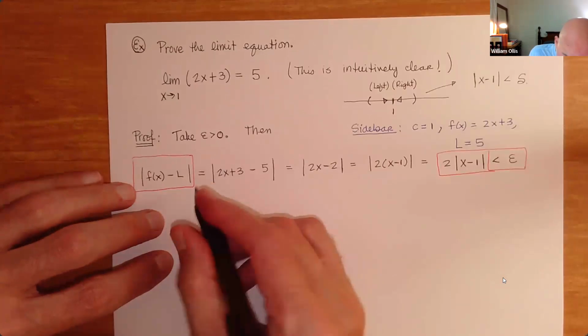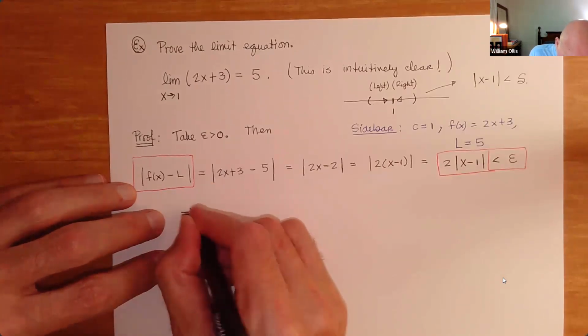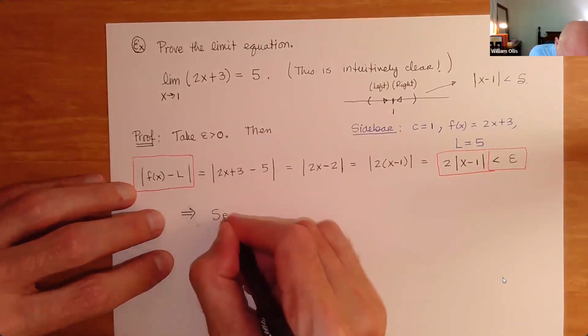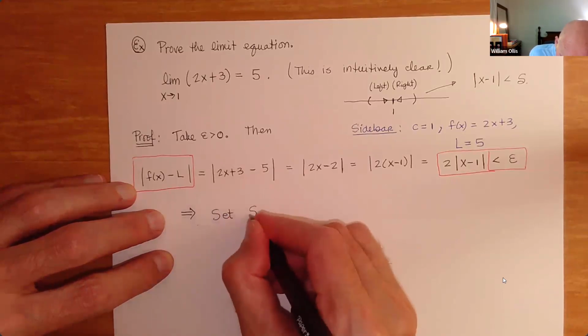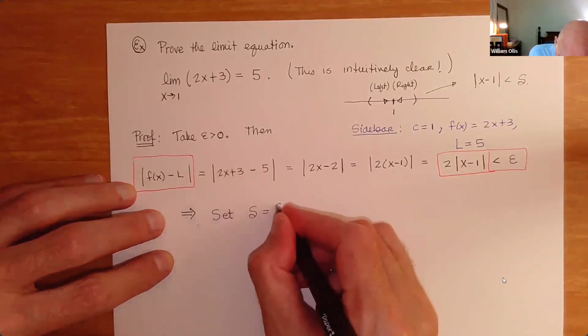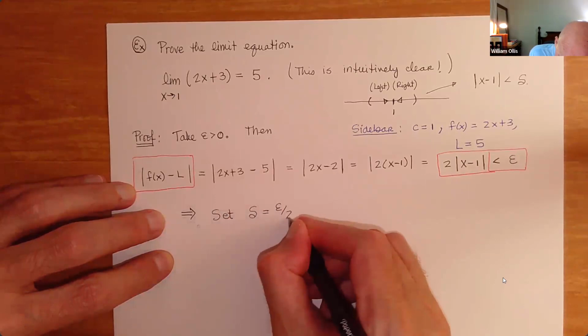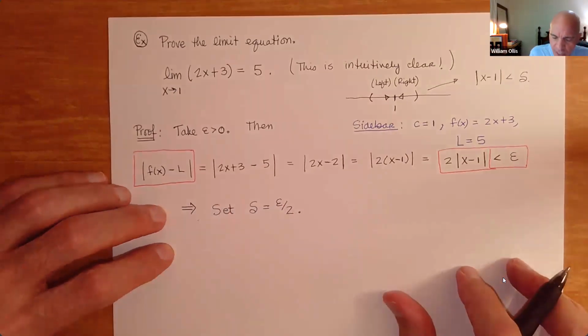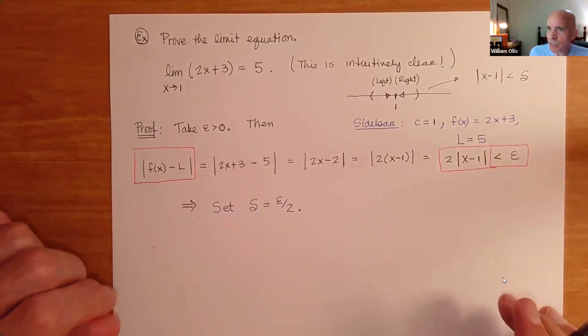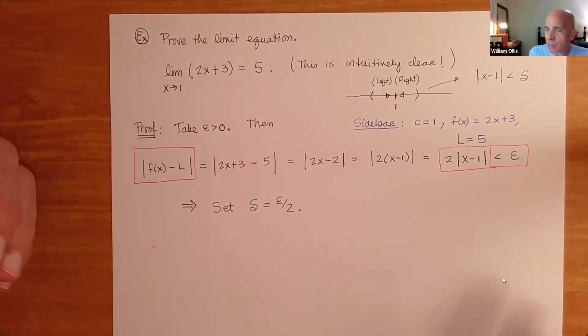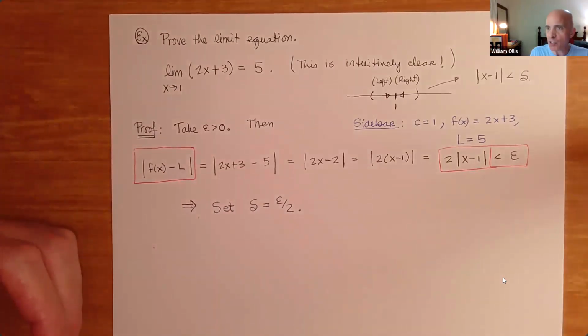So this implies, set delta equal to epsilon over 2. And everyone says, well, once I pick the delta, am I done? Basically, yes. You don't always have to go back and show that it works, but many mathematicians will do that. It's not always required.